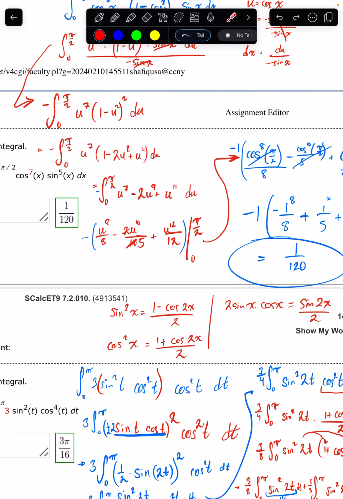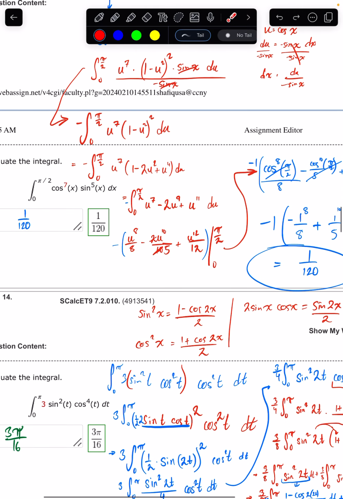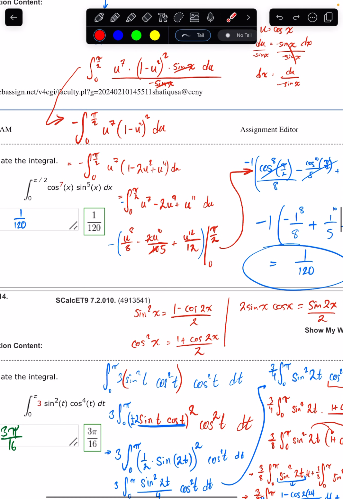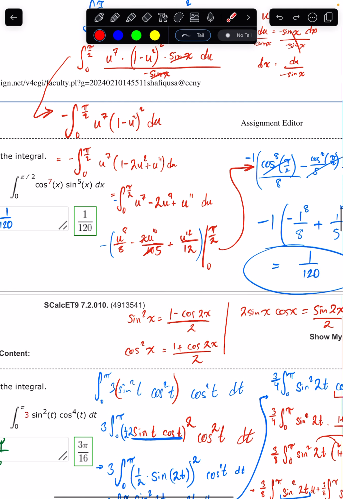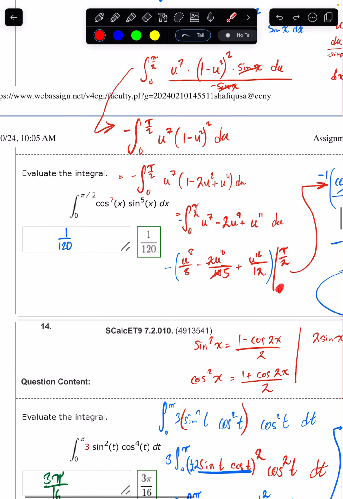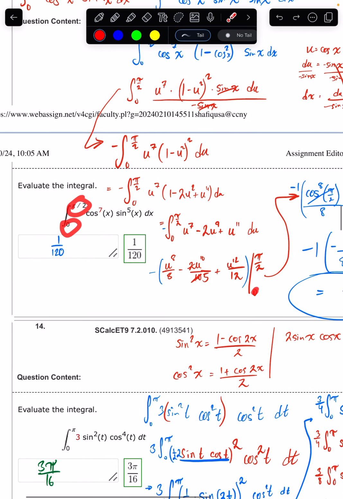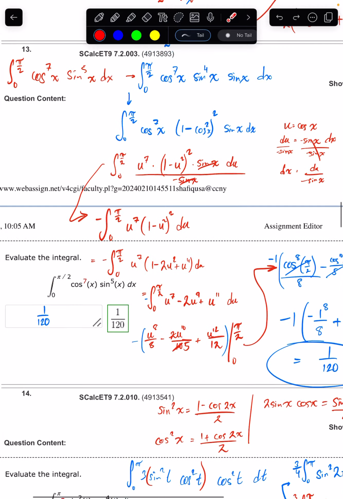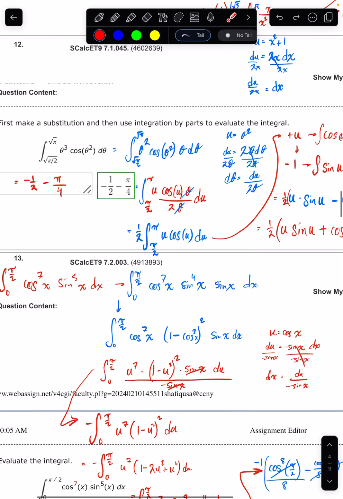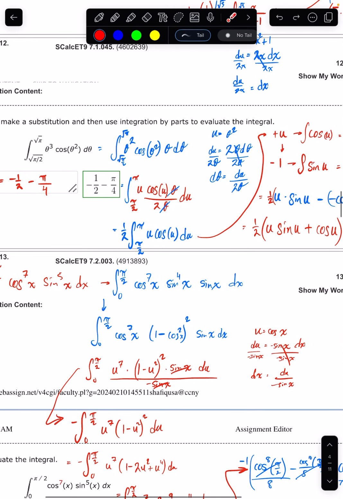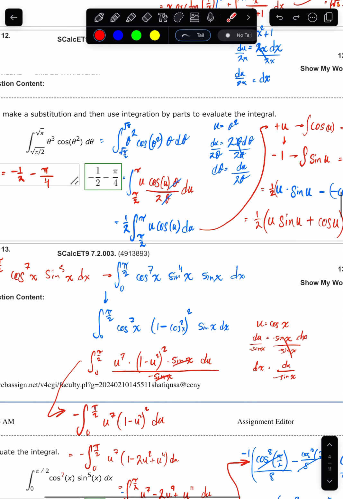Okay, just one quick note. I think it's mainly a note for myself as well. The reason we kept pi over 2 and 0, you know, is that it's the same value as this, right? The reason this was different here was because we substituted in for u.